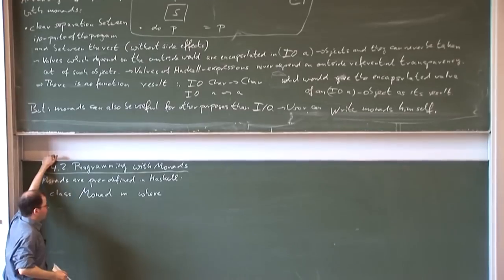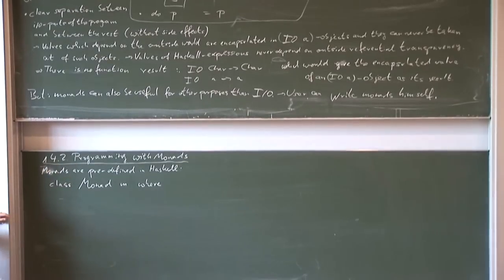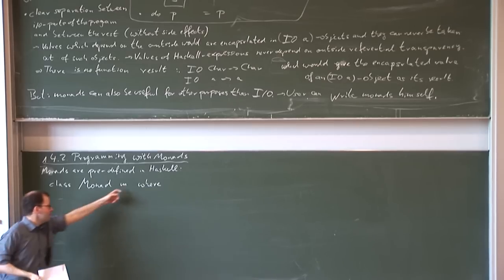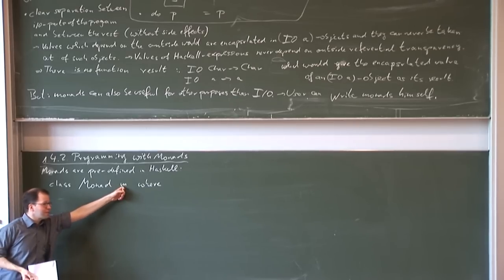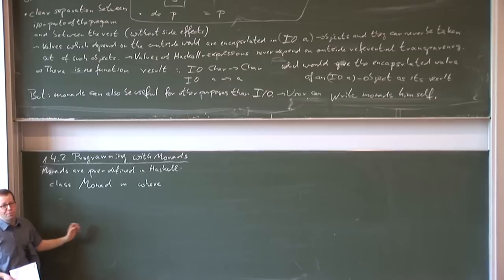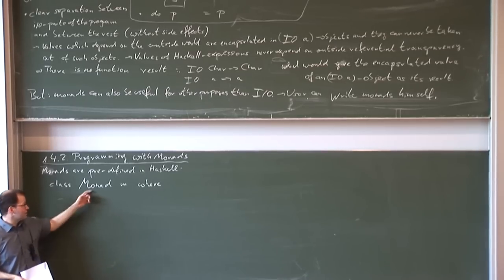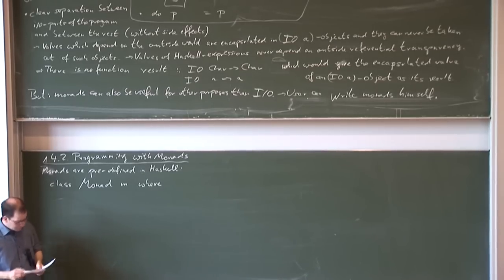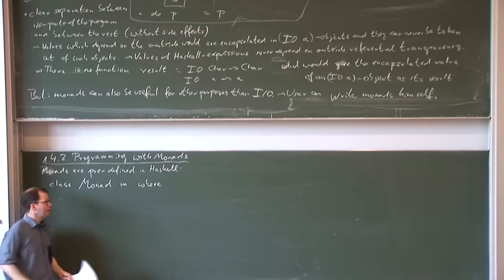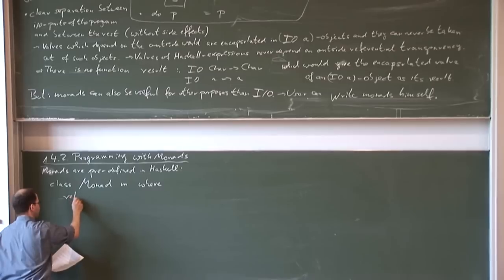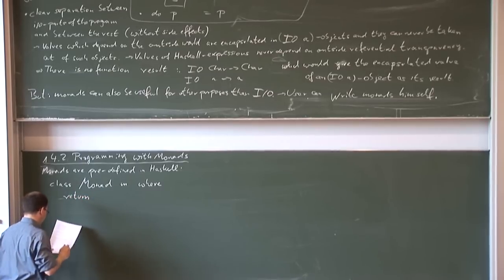You remember what class means? We introduced class for type classes. So we said if M is a type, then this type is a member of the class Monad if it has the following operations. And now there come several operations that should be present in every instance of this class. If M is a monad, then there should be at least the operations return and bind.